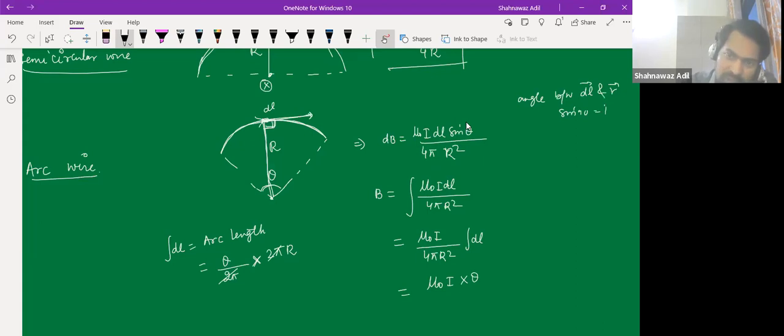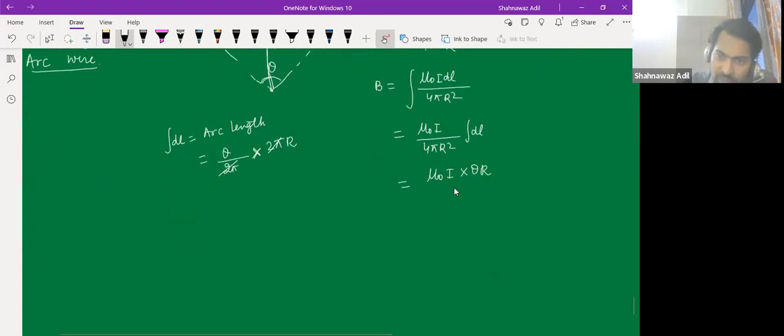So this part goes out. And then we have mu naught I dl by 4 pi r squared. All these are constant, I have only dl. So dl is r theta, right? So this would be 4 pi r squared, and this will cancel. So the magnetic field for an arc is mu naught I theta by 4 pi r.